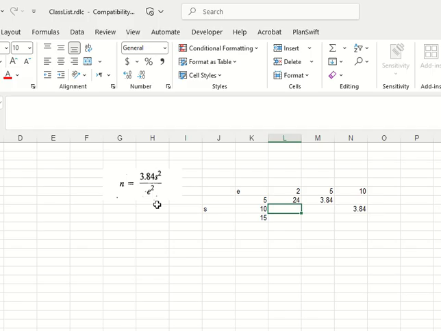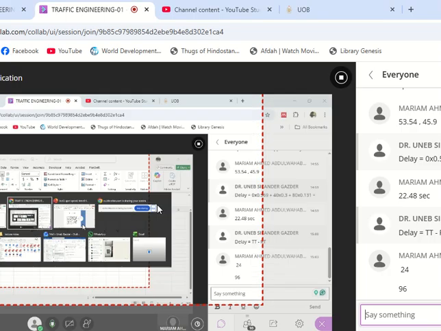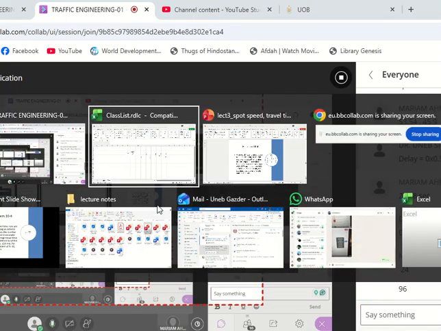I just want to fill one row and column. 96, okay.